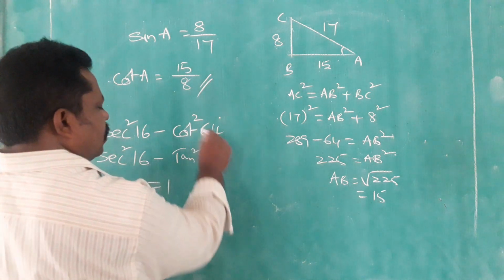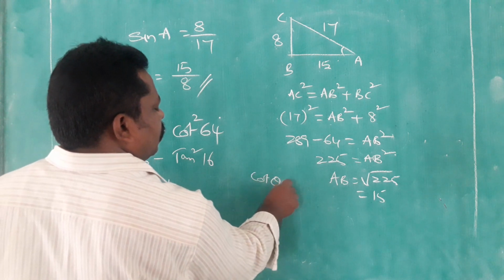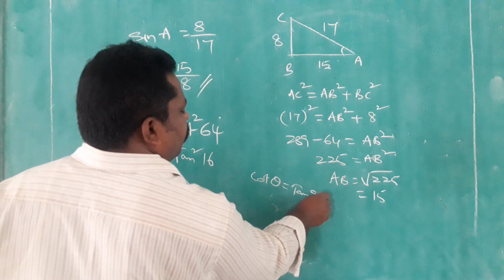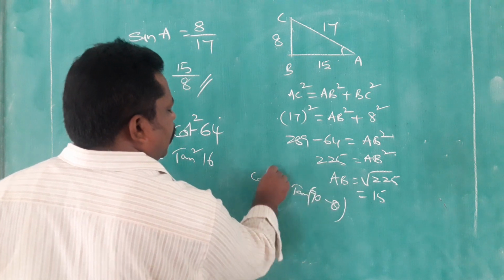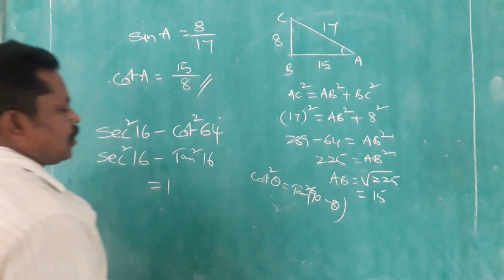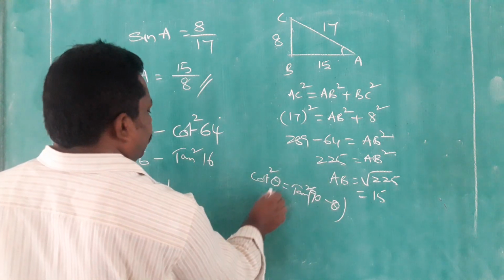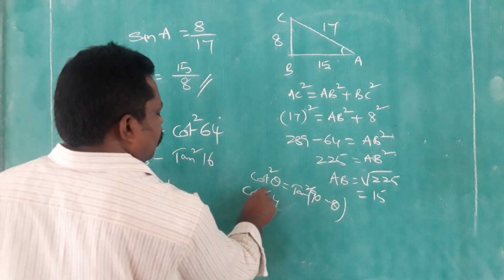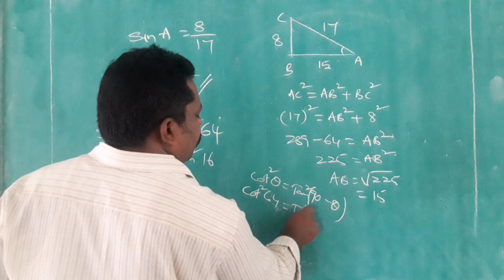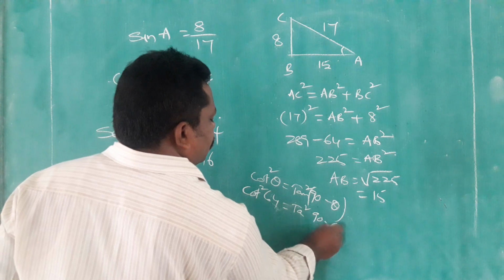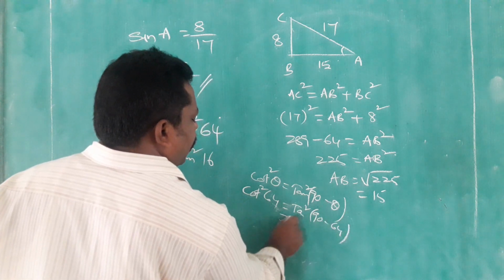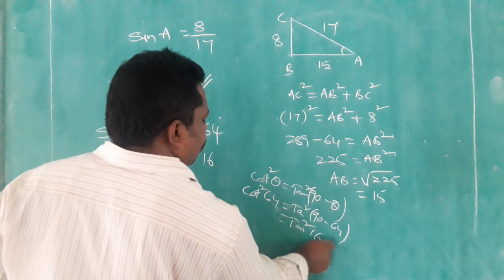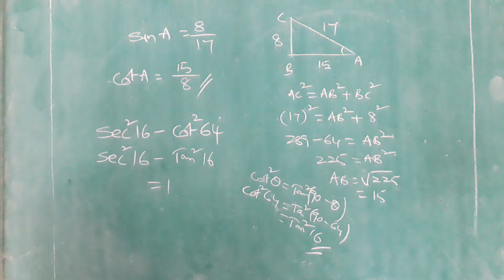Why? Because cot theta is equal to tan of 90 minus theta. Same as cot square theta is equal to tan square of 90 minus theta. That means cot square 64 is equal to tan square of 90 minus 64. 90 minus 64 is 26, no wait, tan square 16. That's why one is the answer.